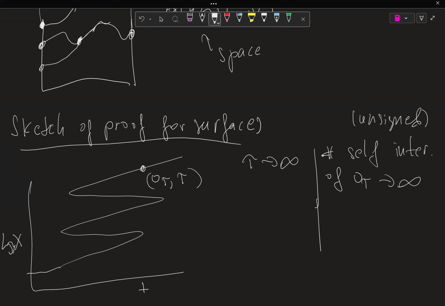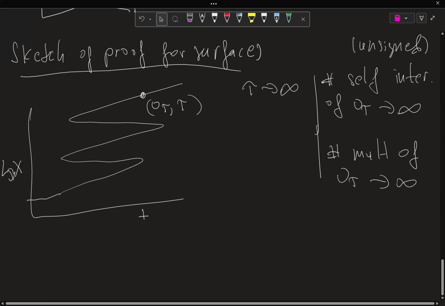Or the multiplicity of O tau goes to infinity. So for a surface, this is the only possibility. It's some basic Riemannian geometry argument.